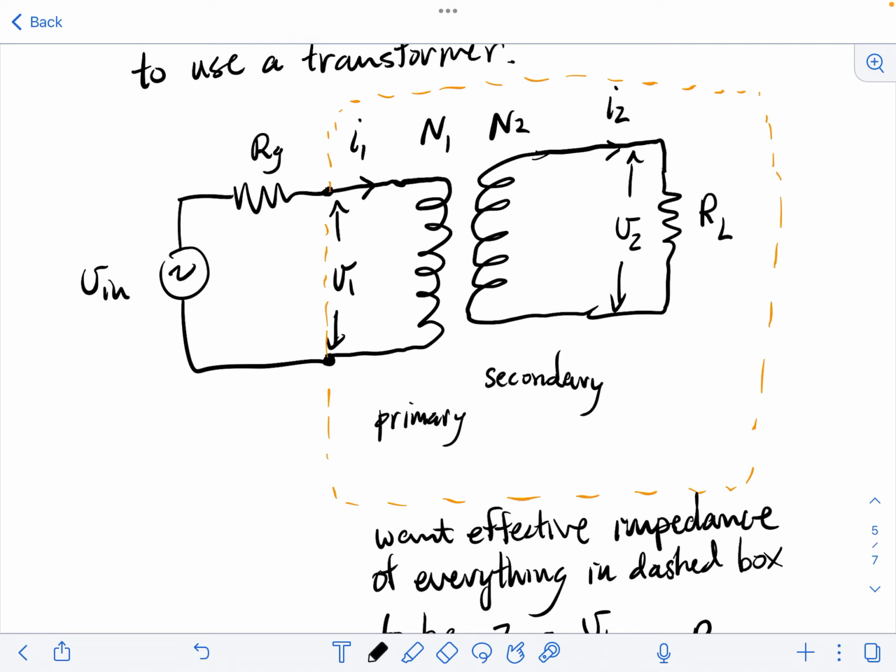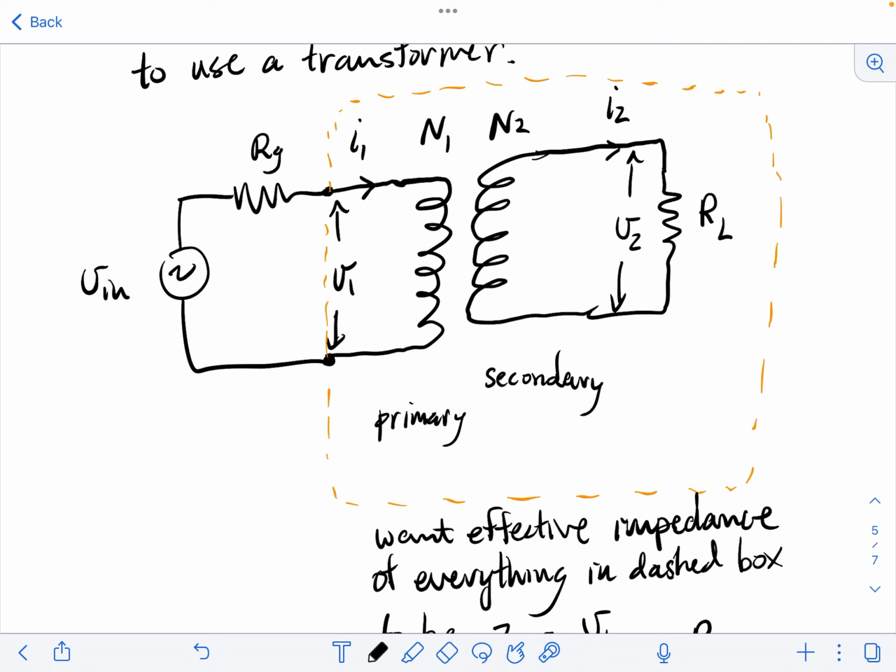Often you actually want to step the voltage down. So what comes out of the sockets on our walls is about 120 volts, and you want to charge your phone with that, but your phone wants to be charged with 5 volts. So what your charger has in it is a little transformer to take the high voltage out of the wall and drop it down to a lower voltage.